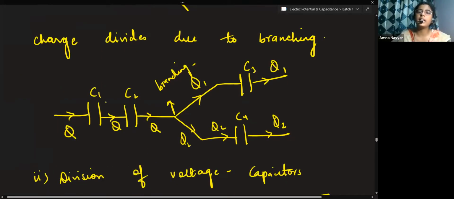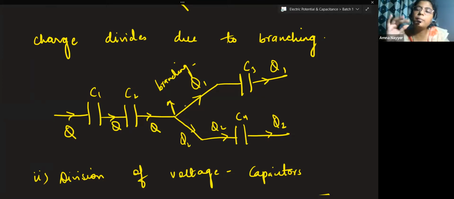Take this example that I was discussing. Charge is flowing, and there is no capacitor in it, so charge is the same. As the branching occurred, charge divided into Q1 and Q2. Now, whether the charge gets divided equally depends on different conditions. It is not necessary that the charges will get divided equally.